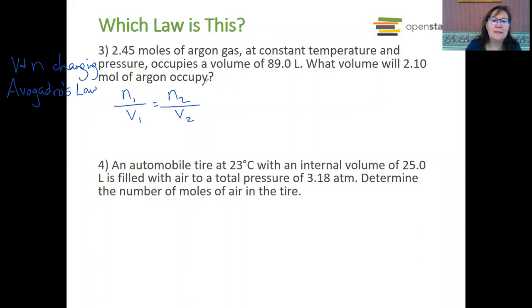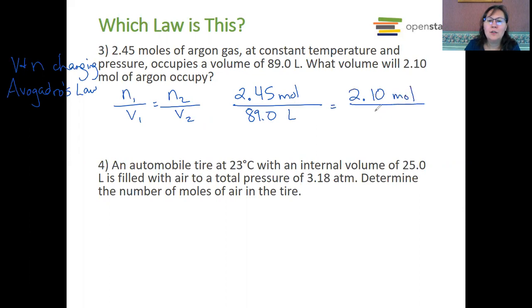When we set this up, we can say that we have 2.45 moles over 89 liters is equal to 2.10 moles over our V2 that we're looking for. And this is how you do cross multiplication when you're looking for something in the denominator.